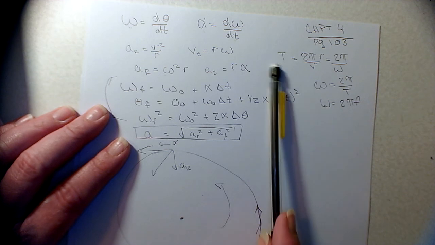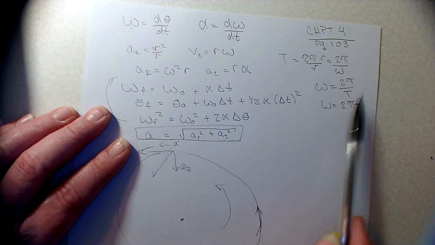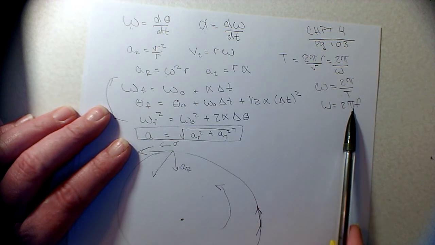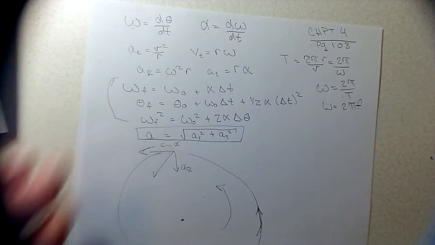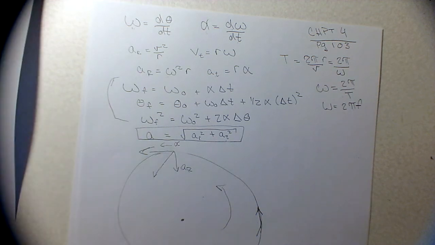I can either write the period as 2 pi over omega, or I can say that omega is 2 pi over the period, and because period is the inverse of frequency, I can define omega in terms of frequency.